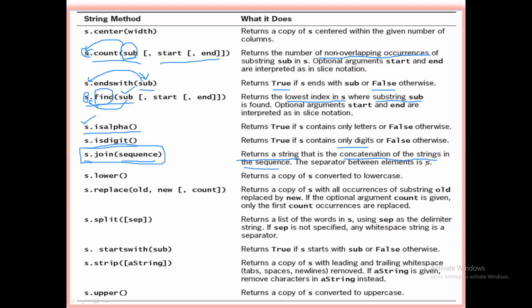And the separator between elements is going to be s. You need to observe this. S is the string object. So whatever sequence of strings you specify, they will be separated by this s. Okay. Maybe you don't understand this directly reading the description. I'll show you how it works.